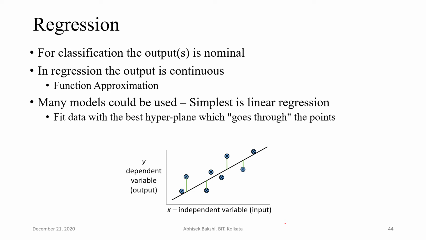If the points are very much non-linear, for example something like this, the points are not really placed exactly on the curve, right, they are scattered.